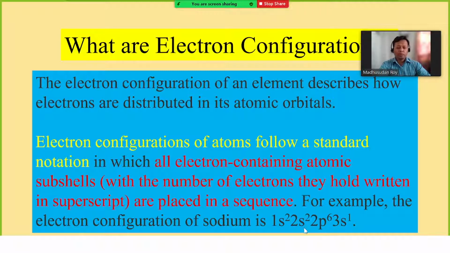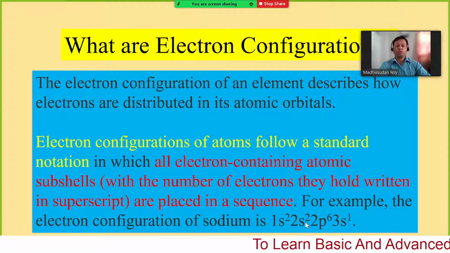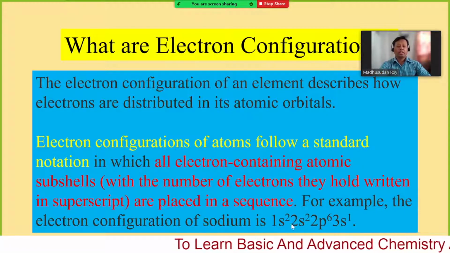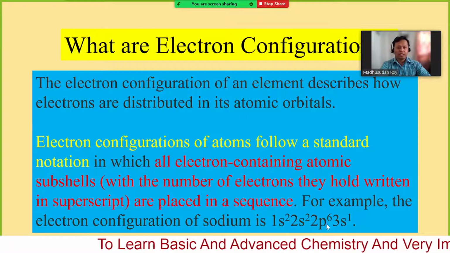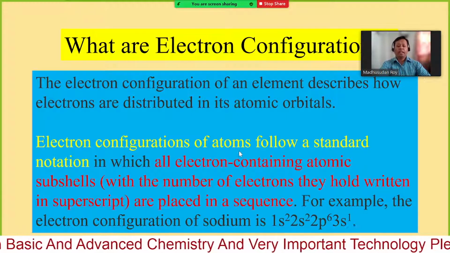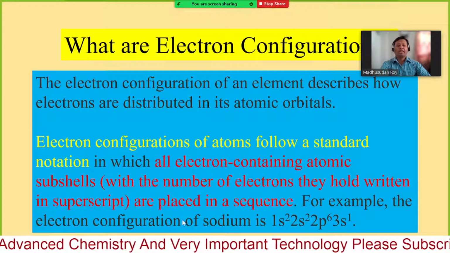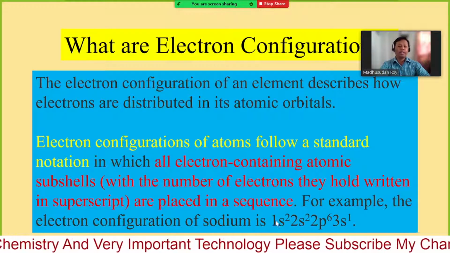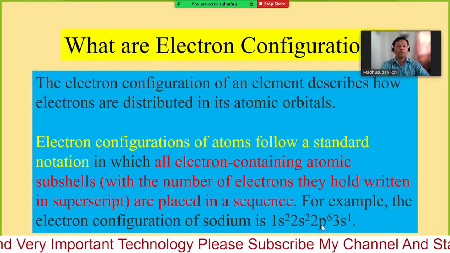In 2s we have 2 electrons, and in 2p we have 6 electrons. So in the subshell, how many electrons are there, you need to write down as a superscript, and then the subshell is symbolized with s, like this. So the electron configuration of sodium can be written as 1s2, 2s2, 2p6, 3s1.